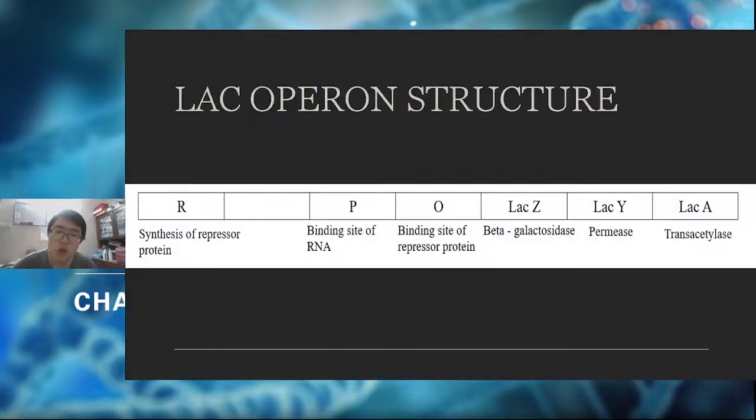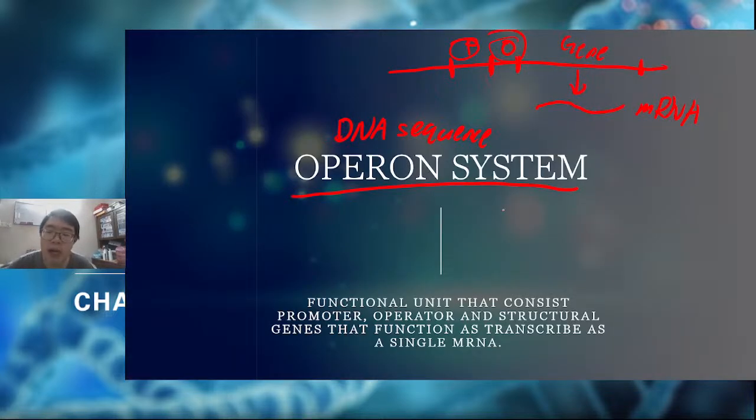The operon system that we learn is the lac operon. The lac operon looks like this. This is a DNA sequence. For this topic, we only learn the prokaryote operon system.